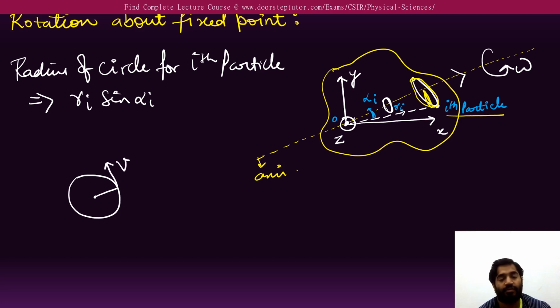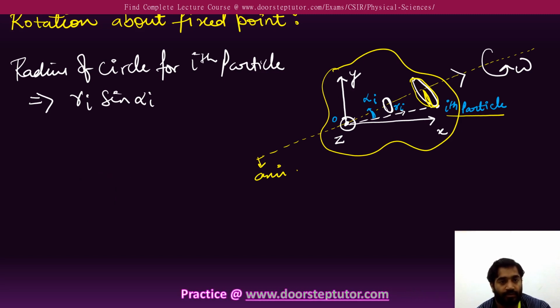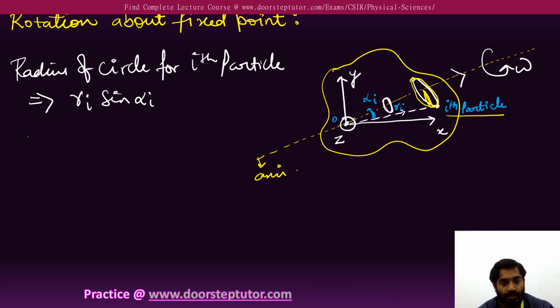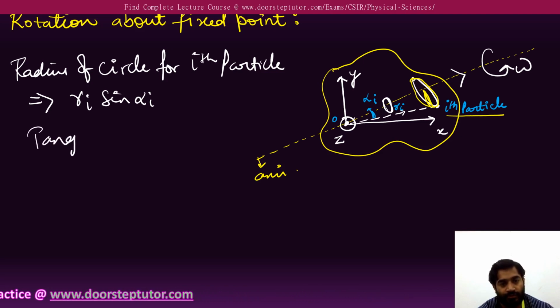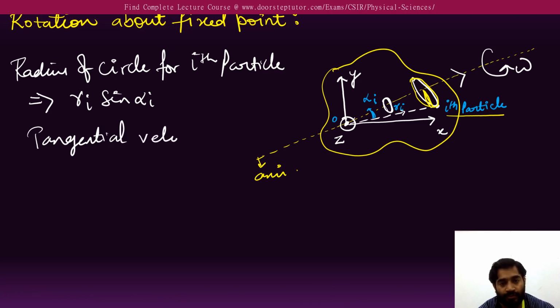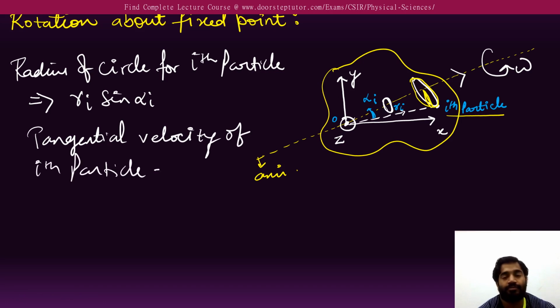That velocity is what we call the tangential velocity of the ith particle. What is this tangential velocity of the ith particle?